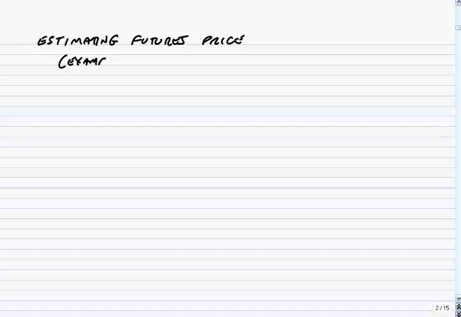Let me explain what I mean, again by example. This is estimating the futures price. And to show you how we do it, can you look at example 10, on page 106?